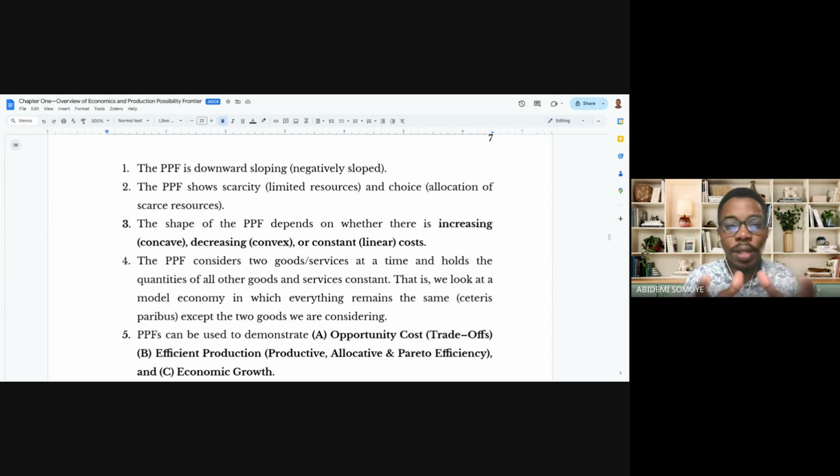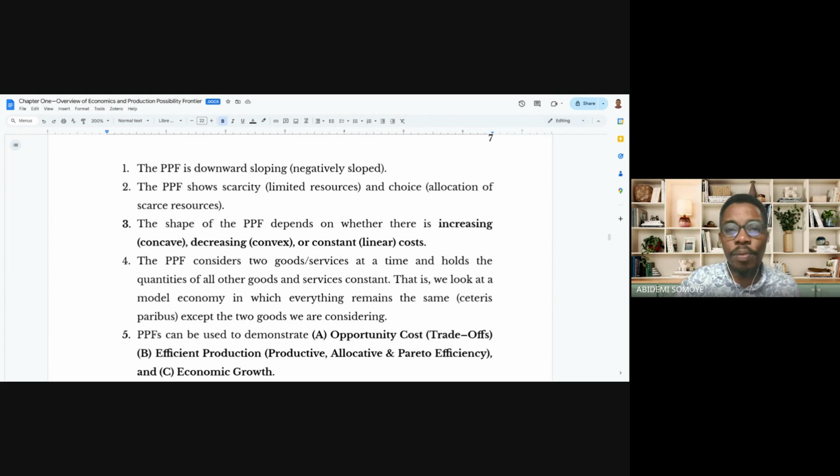So we try to simplify a model. It doesn't mean that we take away the most important things that are needed in the model. No, we focus on what we need to do while we assume that all other factors remain the same or are constant for the time being. Okay, so the PPF considers two goods at a time and holds all other goods and services constant, meaning that we look at the model economy in which everything remains the same.